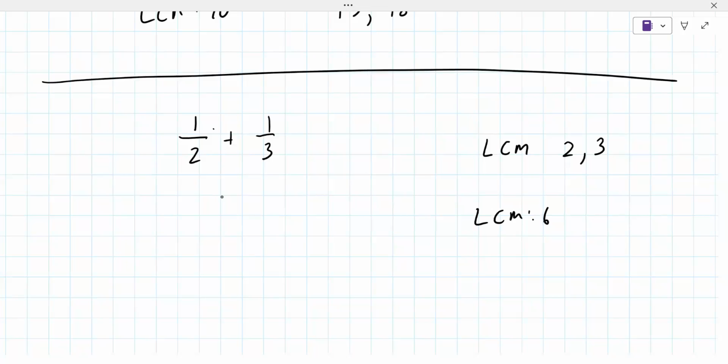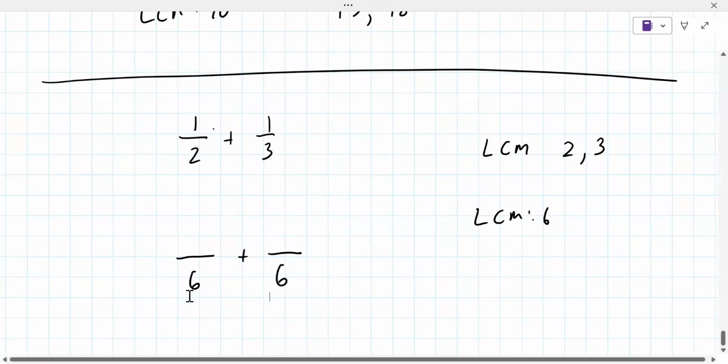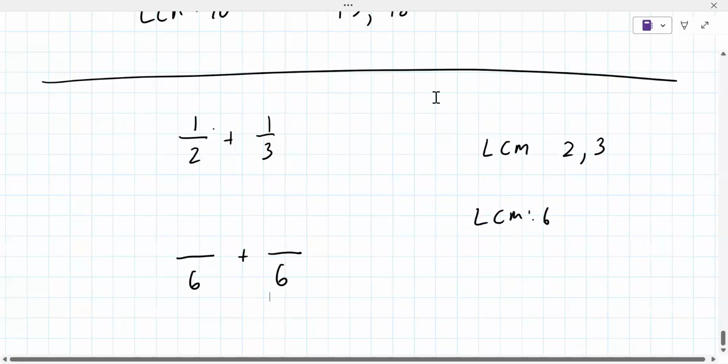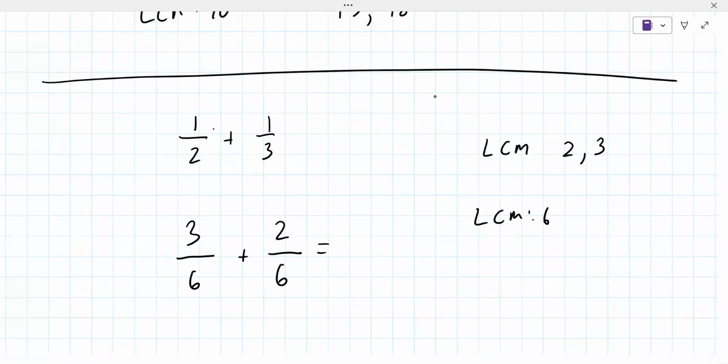Do you agree with that? Yeah. So we want to write this as a fraction over 6 plus a fraction over 6. My question to you is what do you multiply 2 by to get to 6? 3. So the first one would be 3/6, and then the second would be 2/6. Right. And now you can add the top because the bottom is the same and you get 5/6.